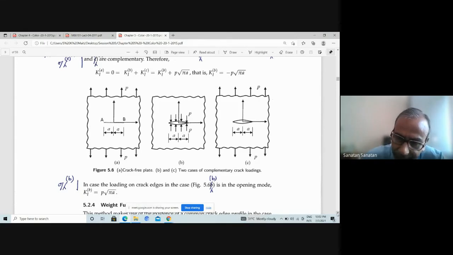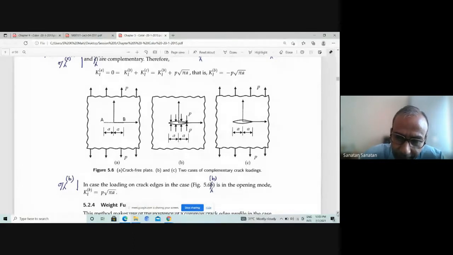That problem is a superposition of a case where the middle sketch shows an infinite plate wherein the crack faces are being closed by pressure loading P, and on the right side there is an infinite plate which is being opened up by loading at its outer boundary P. So these two cases combined together give the problem on the left, and since the SIF for the left problem is 0, the SIF for the middle problem plus the SIF for the right hand side problem sums up to 0.